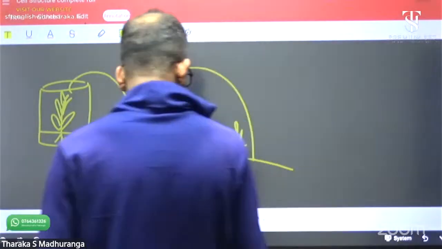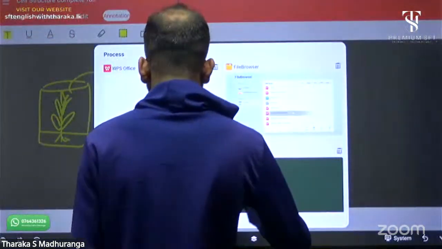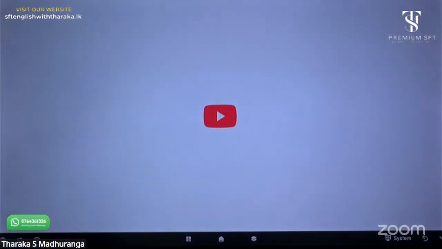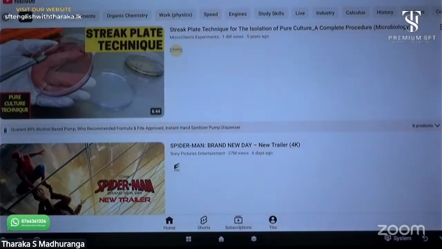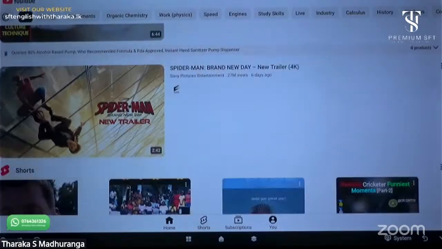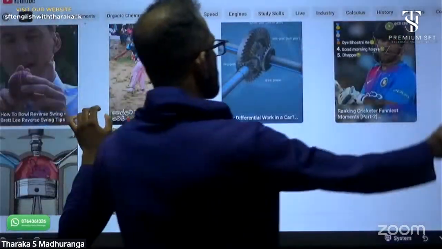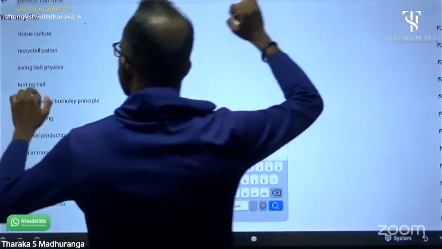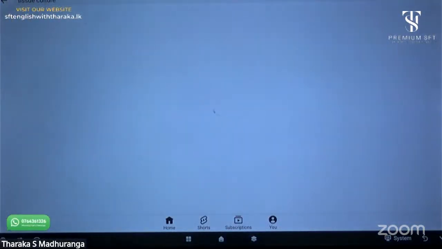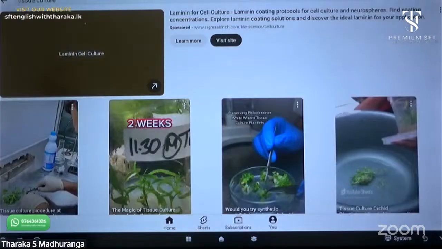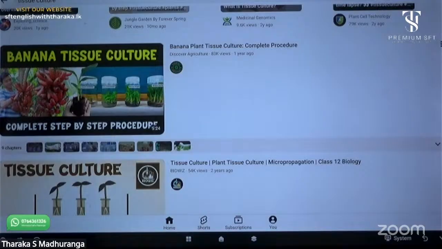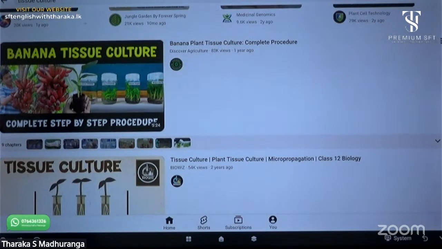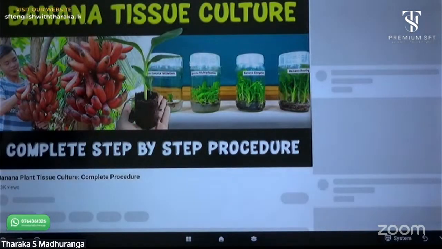Okay, I'll show you now, then you can easily understand. This is banana tissue culture.